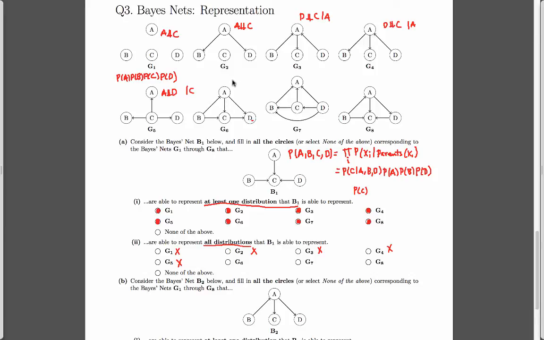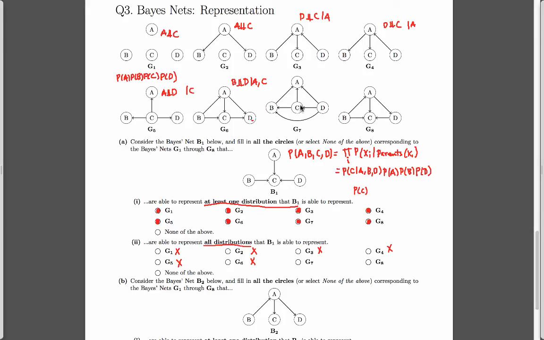So we know that B is independent of D conditioned on both A and C. However, if we look at B1 right here, and if we condition on both A and C, B and D are not independent because of the V structure or a common effect. So therefore, this option is not correct.